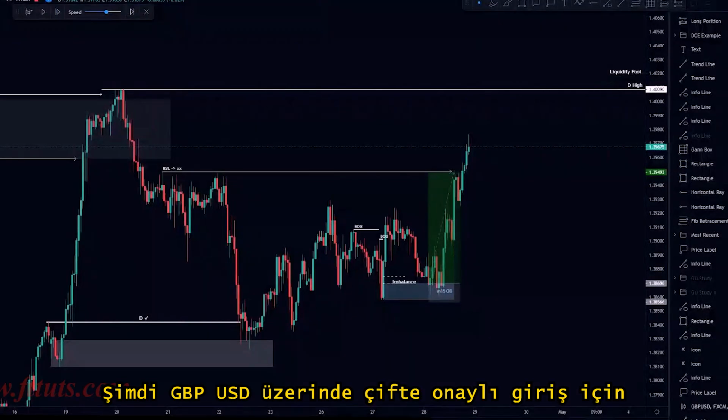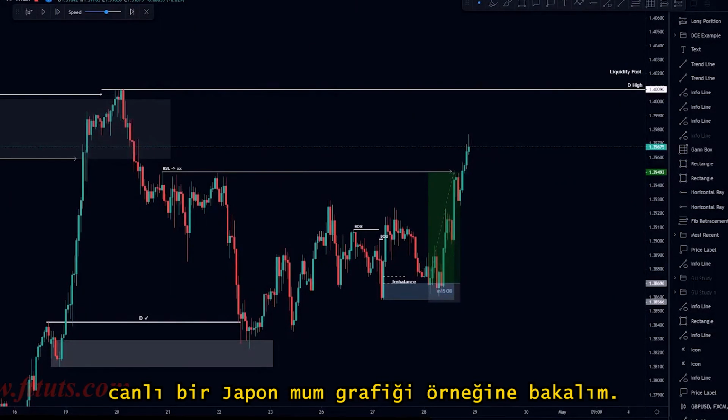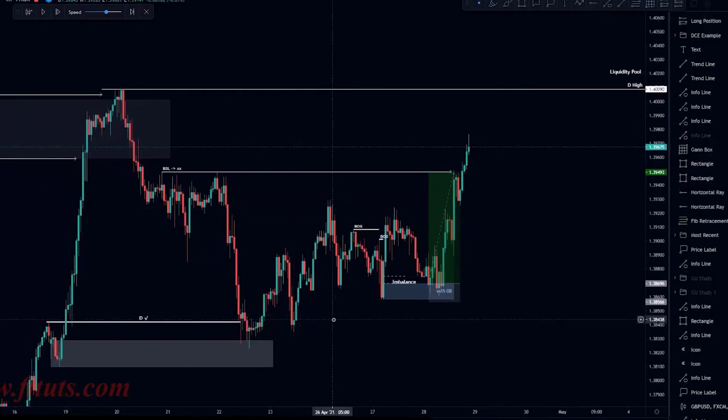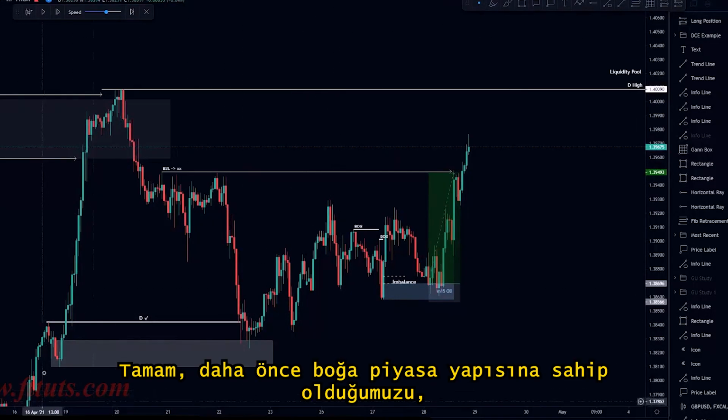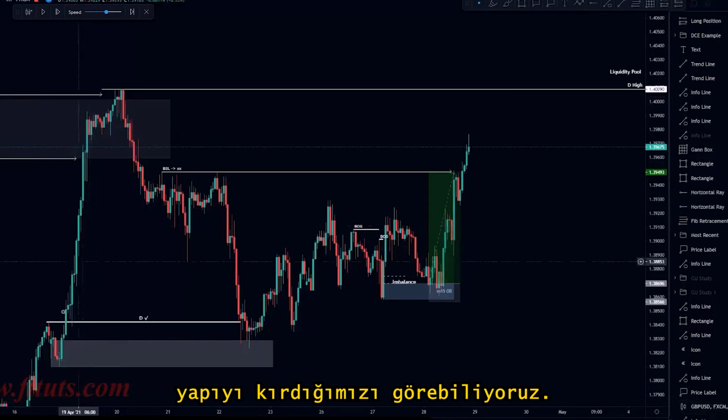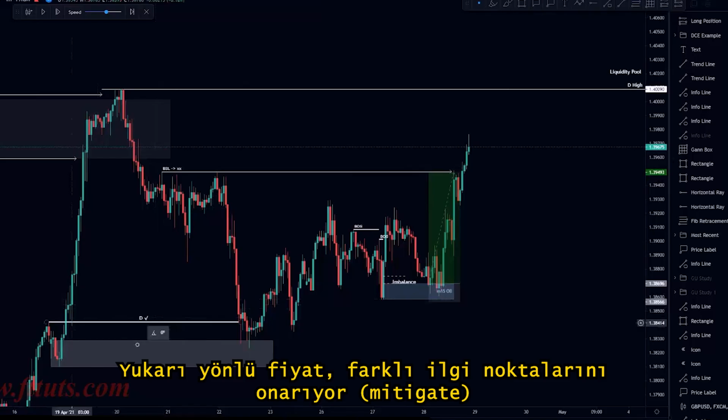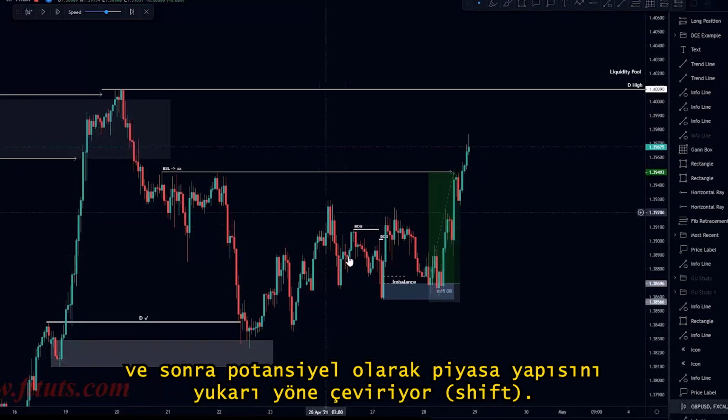Now let's take a look at a Japanese candlestick live example for the double confirmation entry on GBP USD here. We can see that previously we had bullish market structure, breaking structure to the upside, price mitigating different points of interest, and then potentially shifting market structure to the upside.